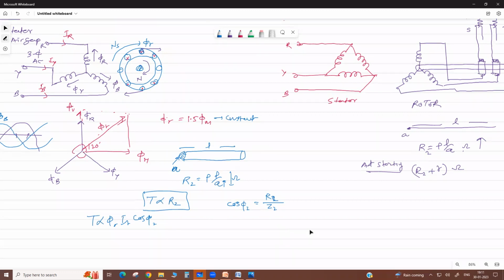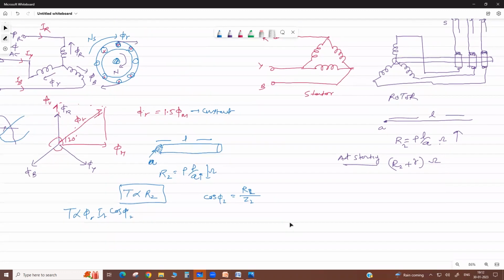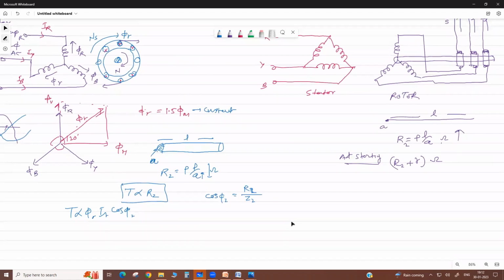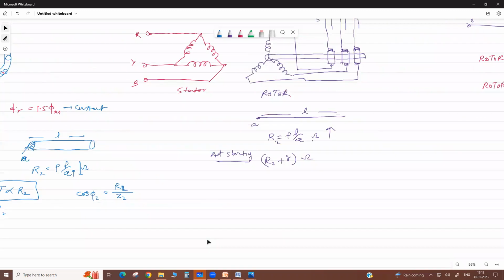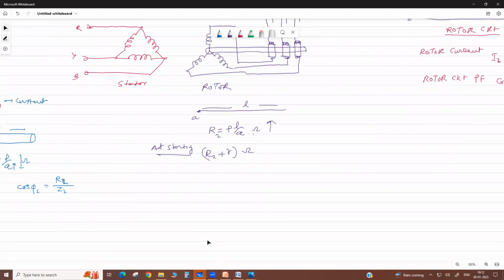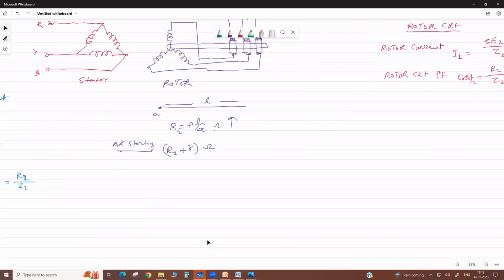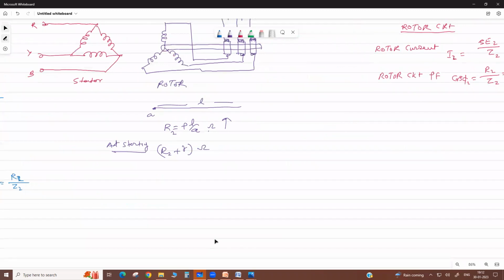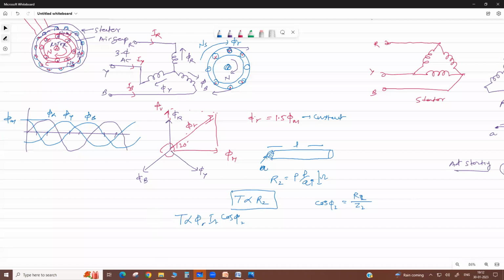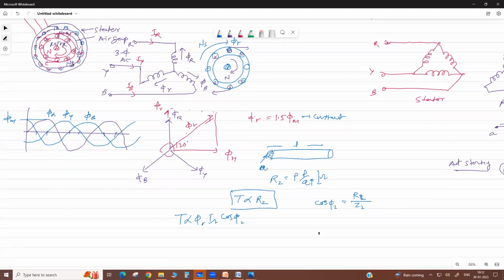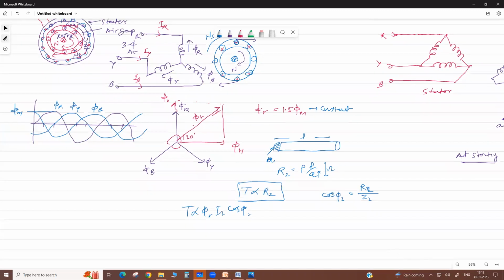That's why current is high and power factor is low. Got it? This is the important comparison between wound rotor and squirrel cage rotor. Now you read, this is now clear. You enjoy, it means you understand.